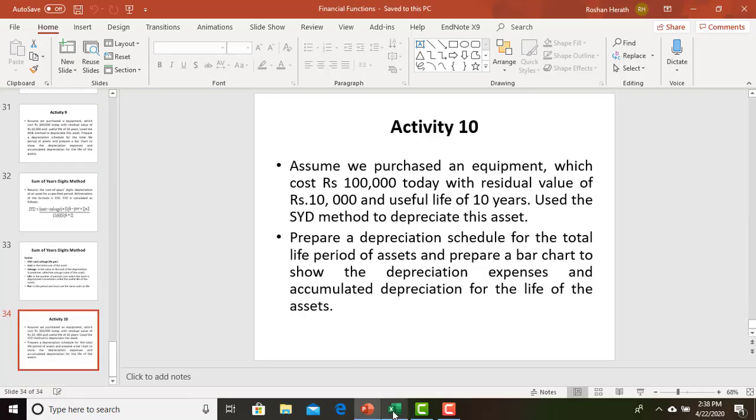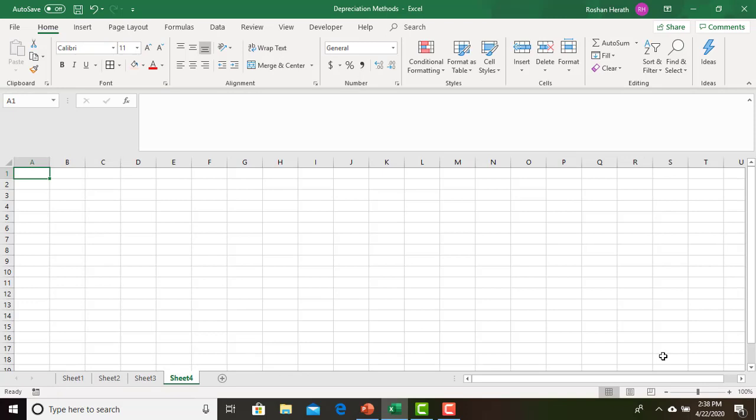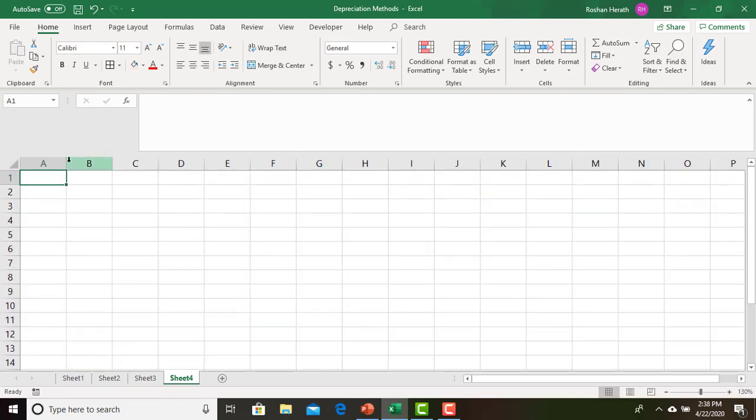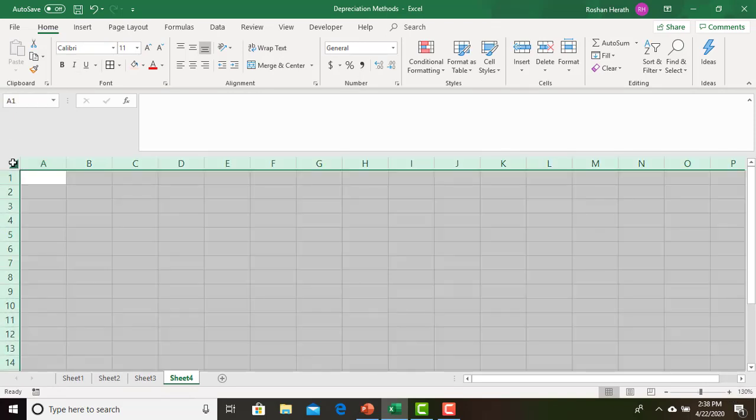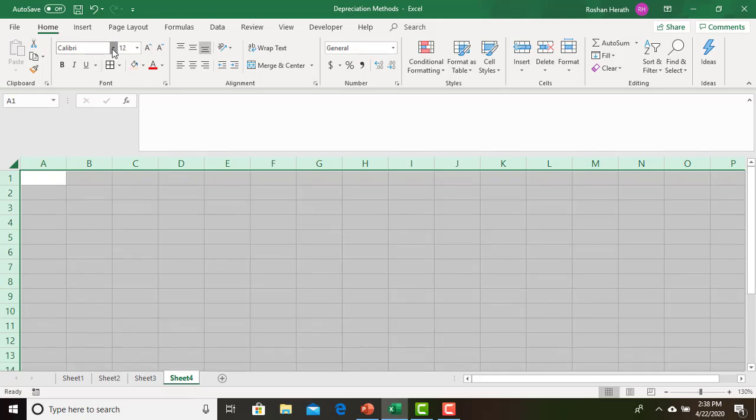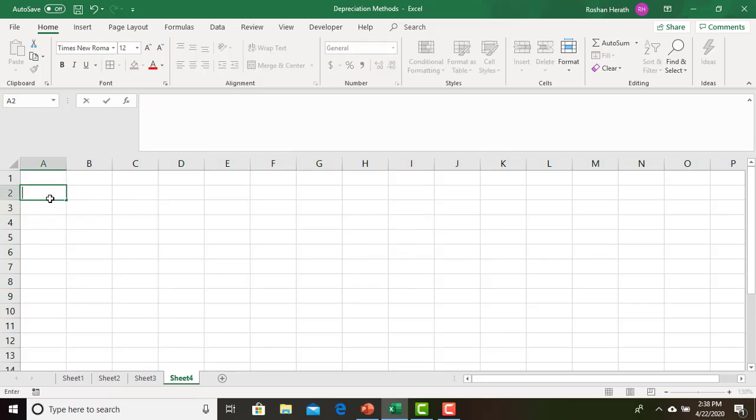Right. We may go to a new Excel sheet. So it is the cost. We may get the cost information, and that was 100,000. Then you have the salvage, it is 10,000. It is the period, 10 years.